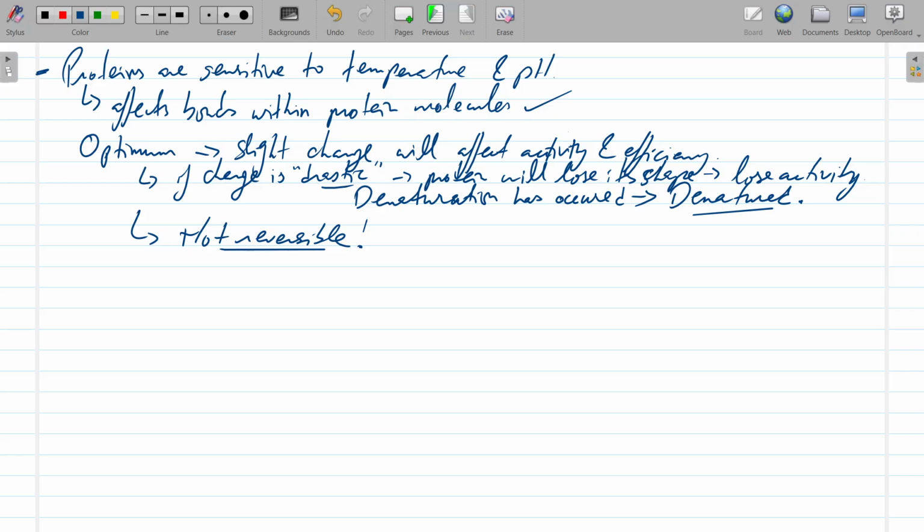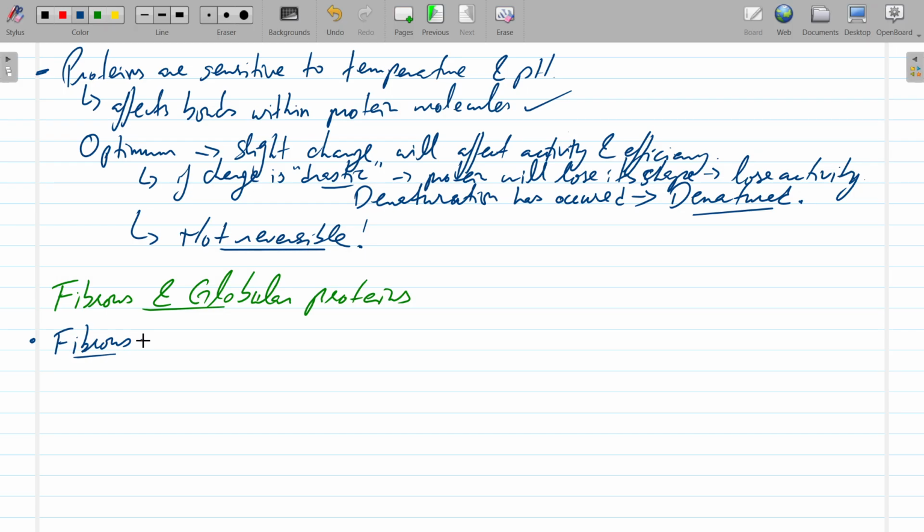Now, let's talk about fibrous and globular proteins. Starting off with fibrous proteins. Fibrous and globular proteins is a categorization of proteins as to their folding, so their structure.